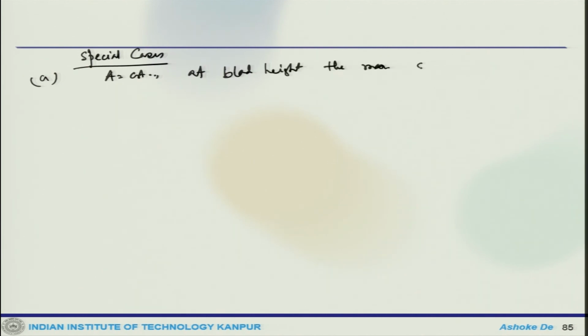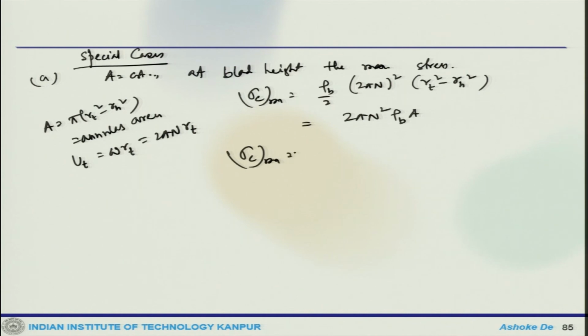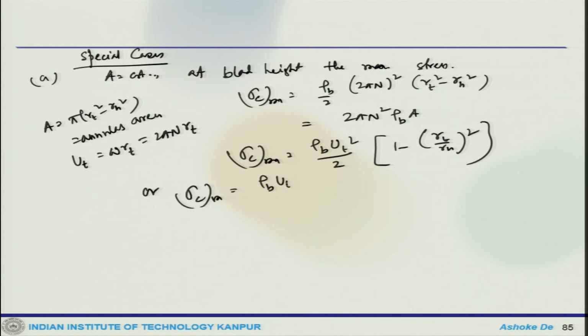Then the maximum stress would be sigma max is rho b by 2, times 2 pi n square, R t square minus R h square, which is 2 pi n square rho b A. If A is pi R t square minus R h square, which is the annulus area, and the tip speed is u t, omega r t, which is 2 pi n r t, then sigma c max is rho b u t square by 2, times 1 minus xi square, where xi is defined as the root to tip, hub to tip ratio.